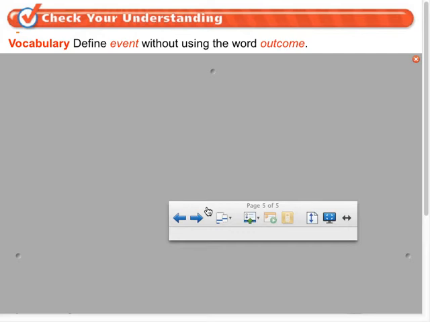Okay, I think I like your creativity. Amani. An outcome is a result of an action. Okay, so you read the definition, but now answer the question. The question says, define event without using outcome. So take that and reword it without outcome in the definition.